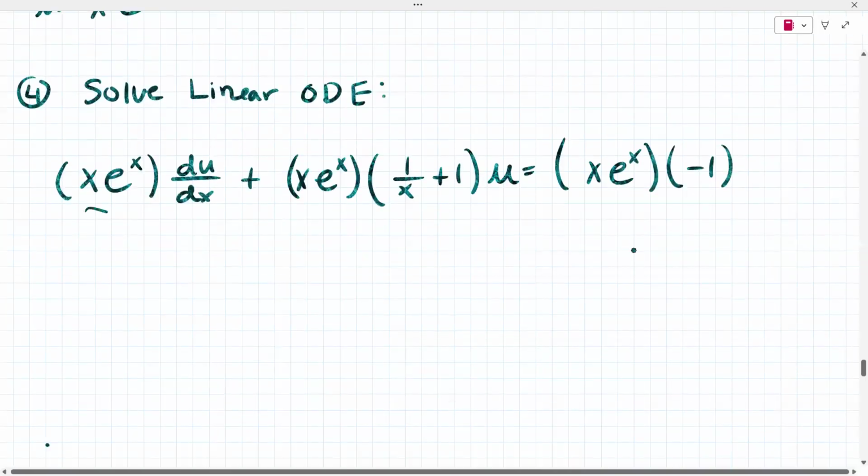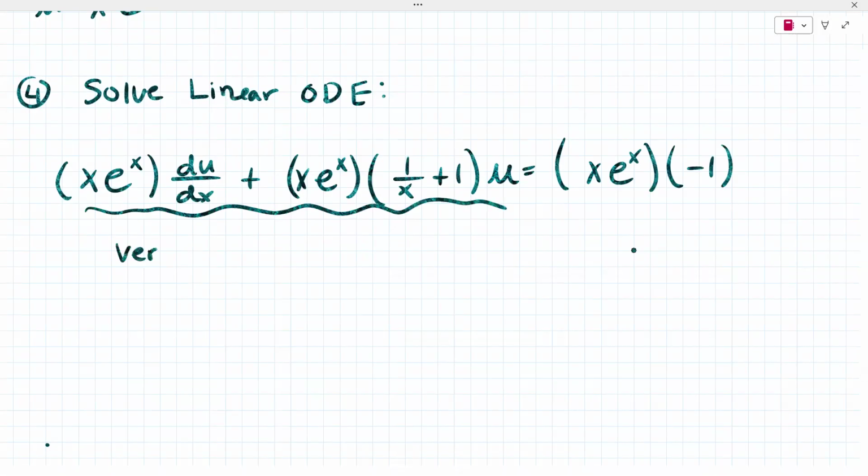Okay, then what you have to do is on this side, verify it's the product rule of x e to the x times u derivative, right? So how do we find the derivative of these things?